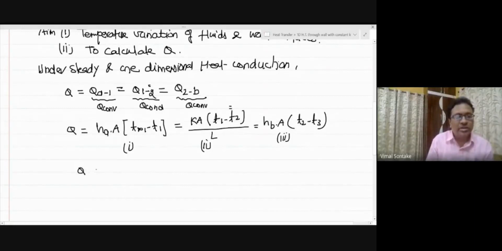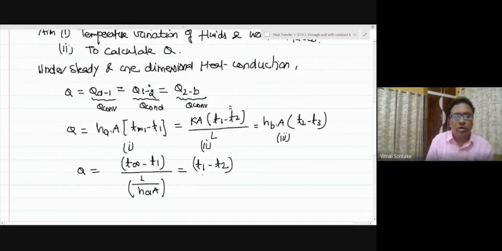Let me rearrange these expressions in terms of delta T over R, that is, potential difference over thermal resistance. So it will become 1 over hA into A is equal to T infinity 1 minus T1, L over kA is equal to T1 minus T2, over 1 over hB into A is equal to T2 minus T infinity 2.